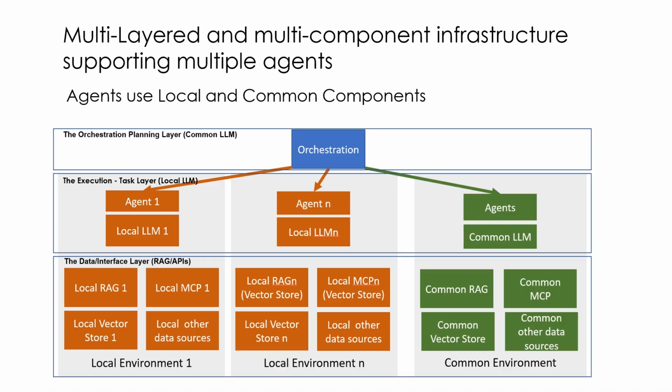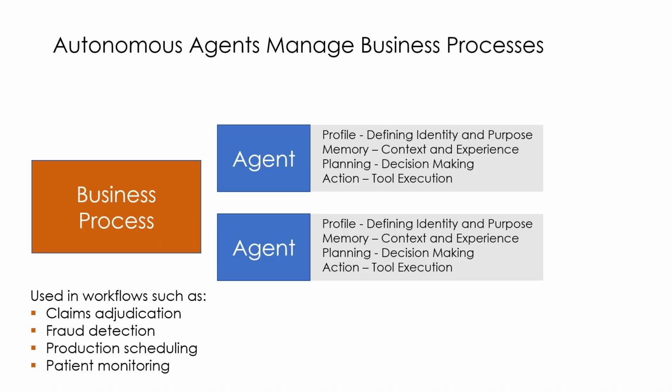This multi-layer complexity is exactly why traditional monitoring, FinOps, and DevOps approaches break down. Autonomous intelligent agents are managing the business processes, for example, claim adjudication, fraud detection, production scheduling, and patient monitoring. Each agent plays a specific role and has memory containing frequently used context.